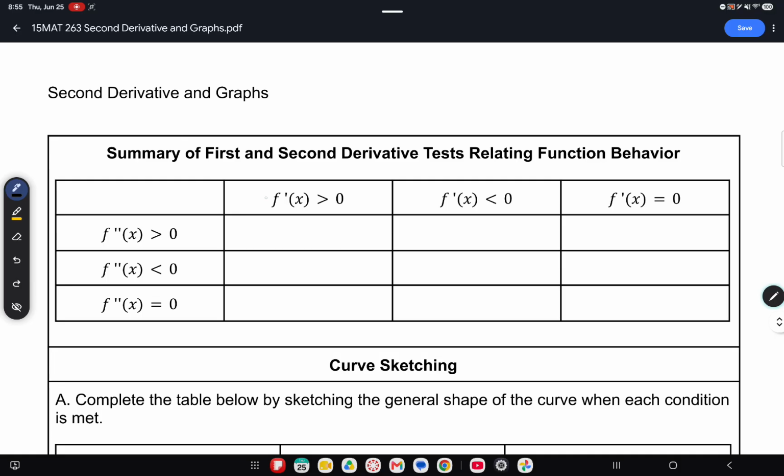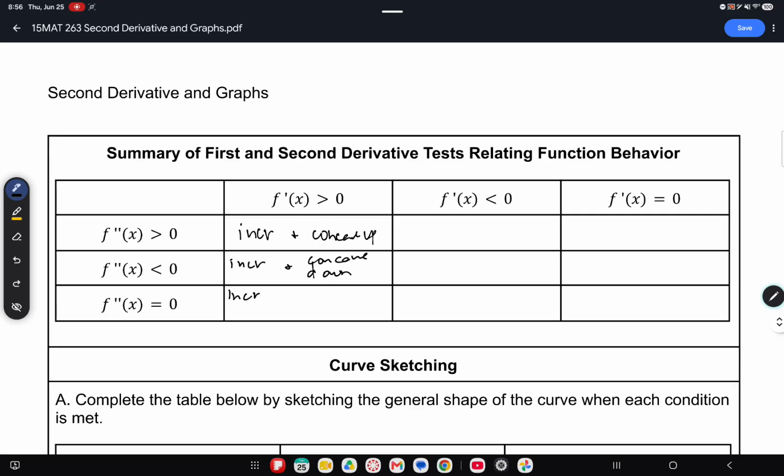So, okay, so if my first derivative is positive and my second derivative is also positive, then we are increasing and concave up. In fact, if the first derivative is positive, then we're increasing anyway. If the second derivative is negative, then we'd be concave down.